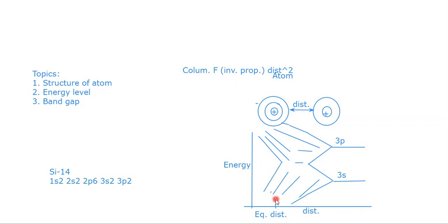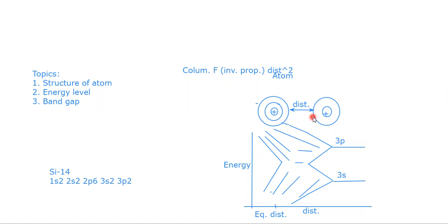Now this is the equilibrium distance. What equilibrium distance means is this: if you take a crystalline material, a semiconductor from the Earth's crust, without applying any pressure, heating it, or passing any electric current, at room temperature, the distance between the atoms in that material is called the equilibrium distance.